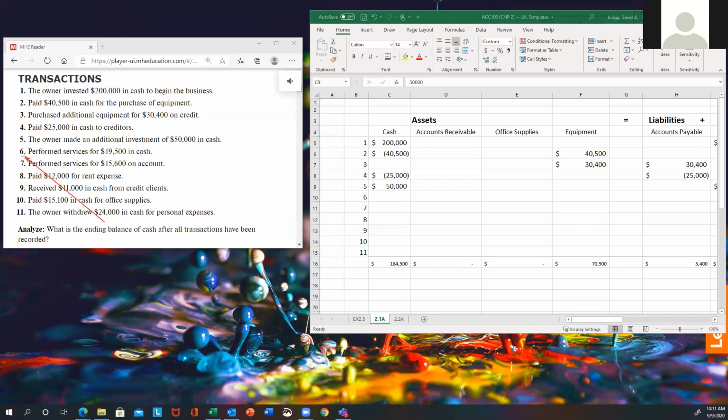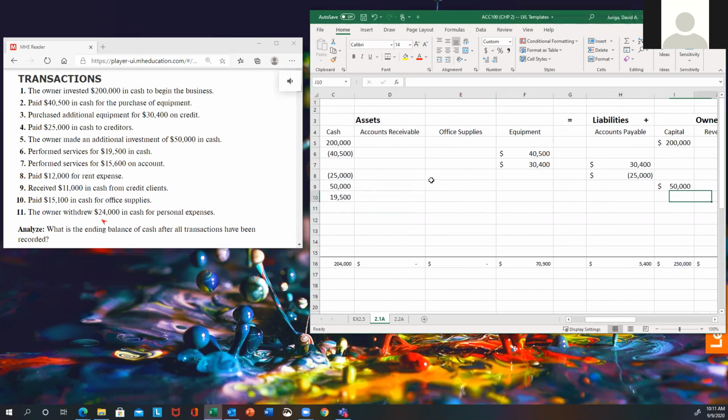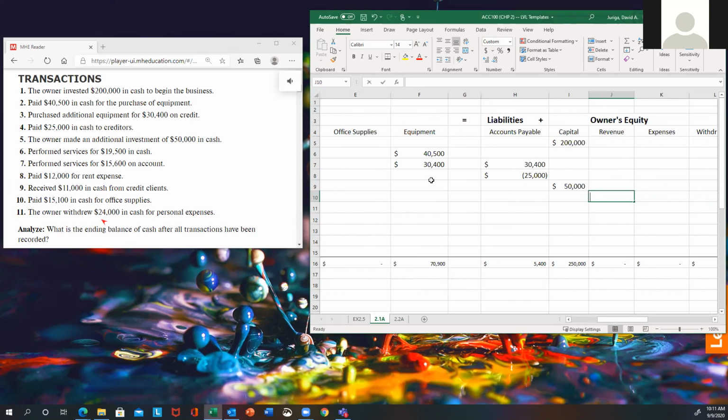So we'll start with the first one on number 6. We've got $19,500 in cash coming into the business for services that we have performed. So you go to your item, you'd say increase cash 19.5, and then go to revenue and say increase 19,500 revenue.